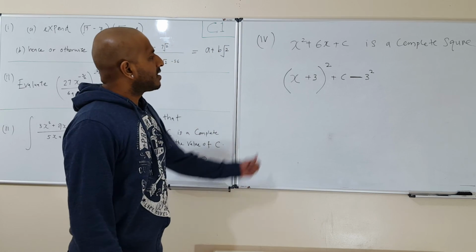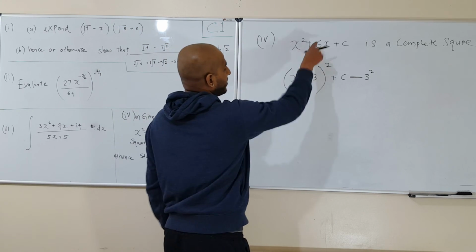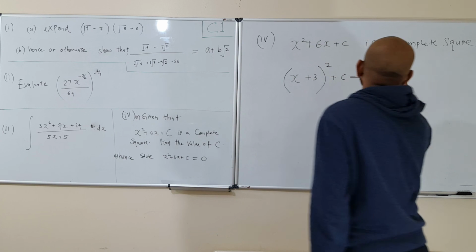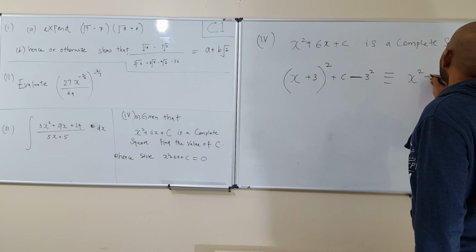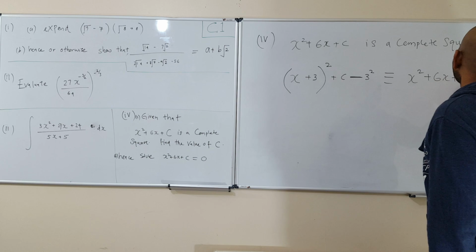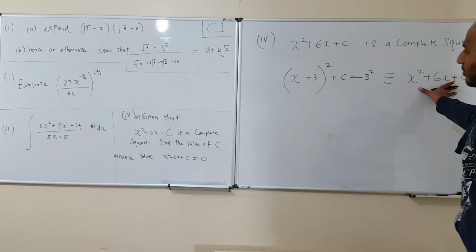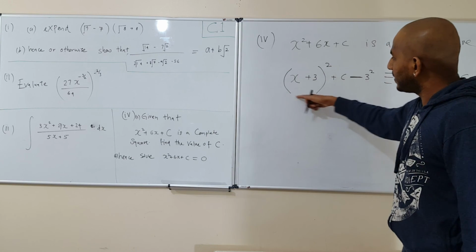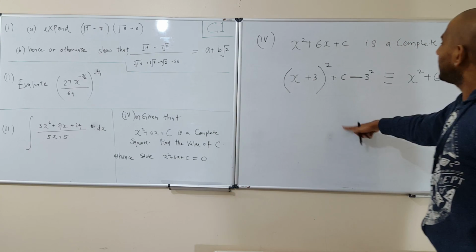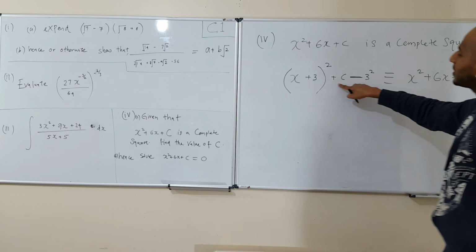Now, what they're saying is that this is basically exactly equal to that, isn't it? These two things are exactly equal. They are basically congruent, I mean clones basically, identical. So if this one can be written as a complete square, there you go, that's a complete square, then what can you say about this?